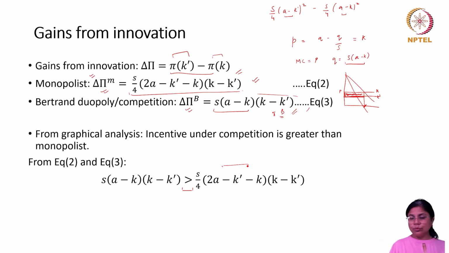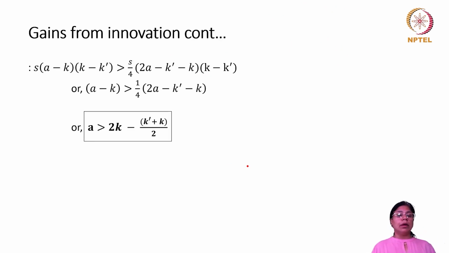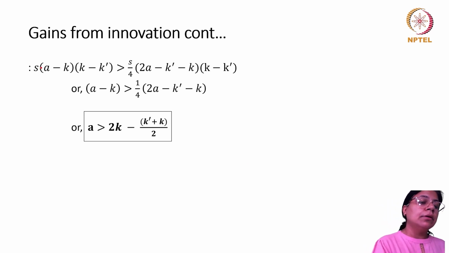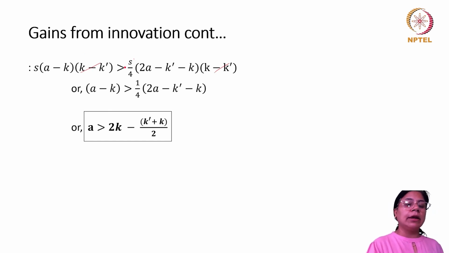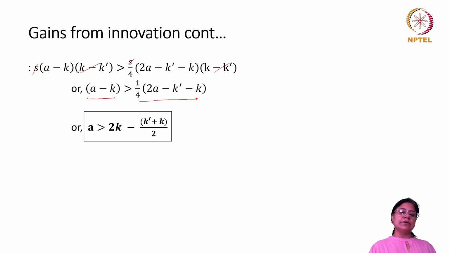Now how can we do that? So once again we engage with the terms on both sides. Clearly these two can be cancelled, S can also be very easily cancelled, so that we are left with A minus K on this side and 1 by 4 into 2A minus K prime by K on this side.